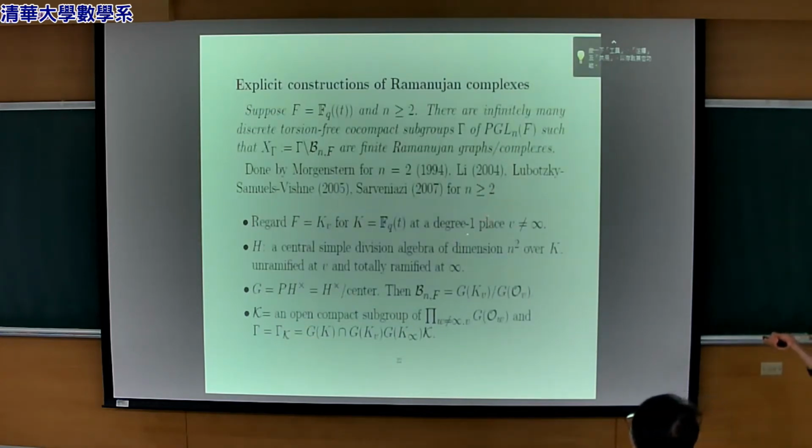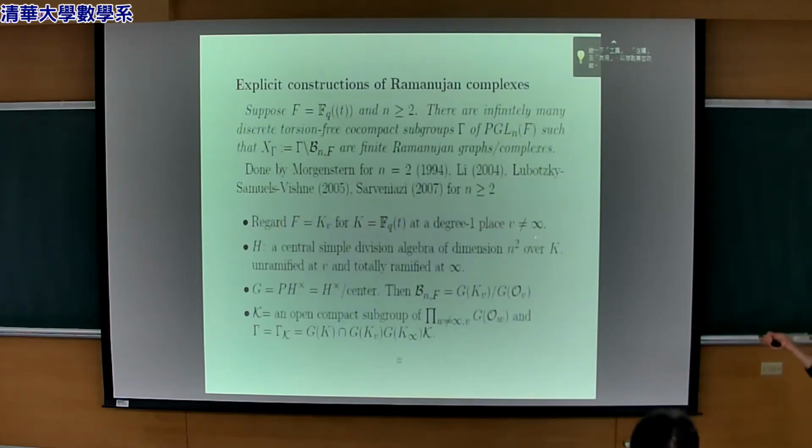Let me just quickly say how this was done. It's very similar to what we saw before. So the idea is that we think of this field as the completion of the field of rational functions at some degree 1 place.